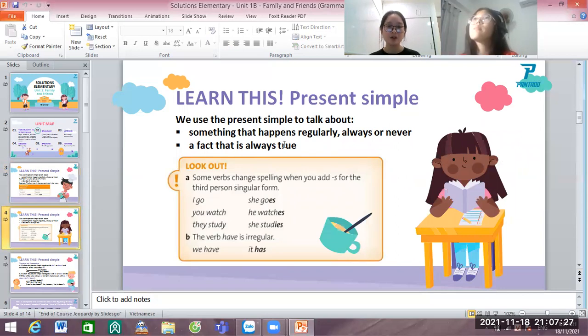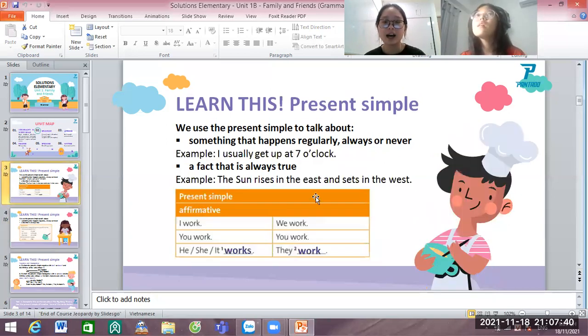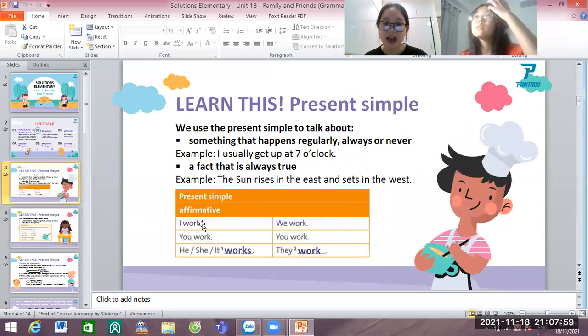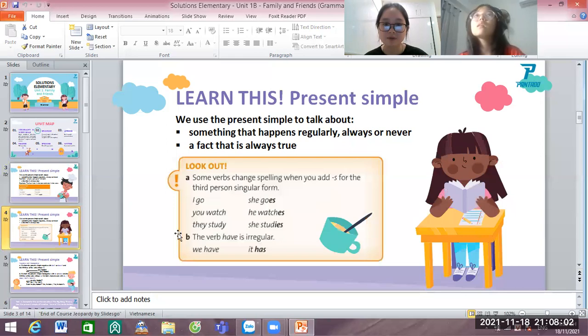Okay, the third one. Some verbs change spelling when you add s for the third person singular form. However, we have some verbs that need to add es, not only s.